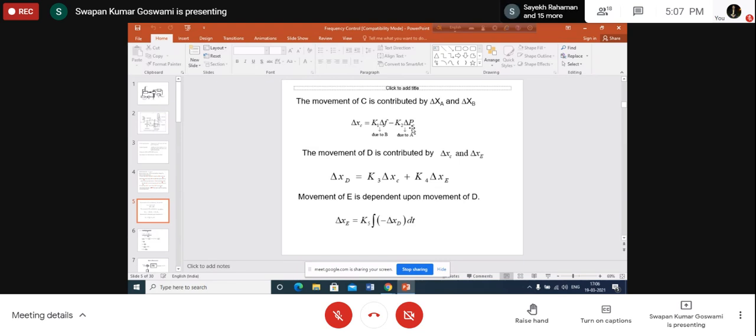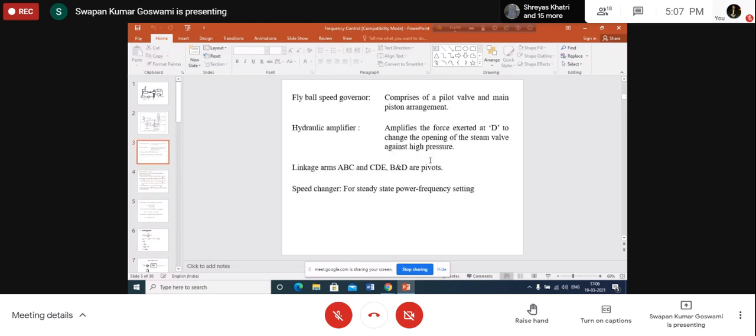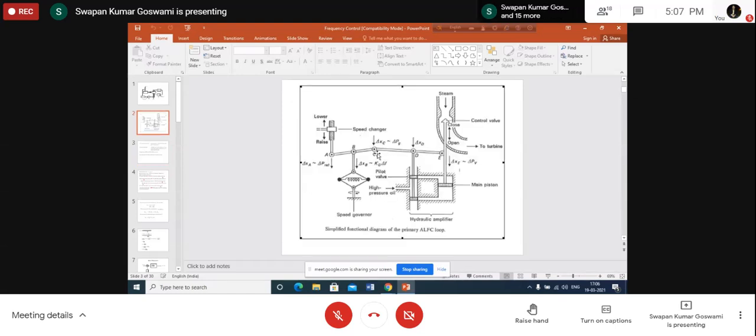Now let us relate the movement of D with the movement of C and E. Basically, we now want to relate the movement of C, D, E associated with this rigid link. Associated with this rigid link, we shall be writing the expression between delta xc, delta xd, and delta xe.